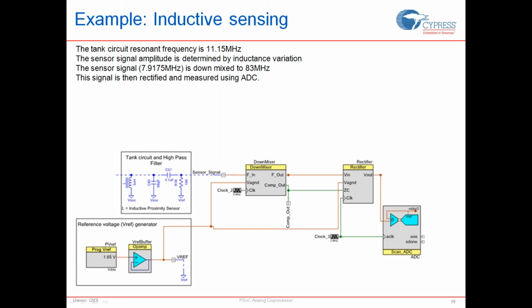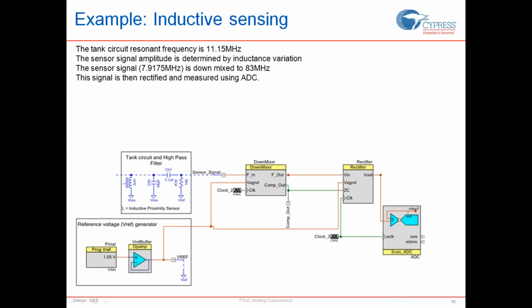If I were to change my inductance from 3 microhenry to another value, it's going to move my resonant frequency away, meaning it's going to move it higher than 11.15 megahertz. The more it moves away from 11.15 towards 12 or 13, the slope moves forward, and hence my 7.9175 megahertz excitation voltage is going to see a lower point on my slope, effectively giving me a lower amplitude.